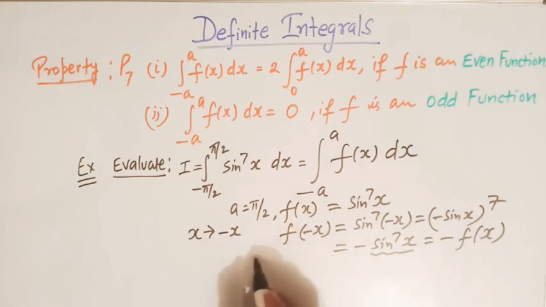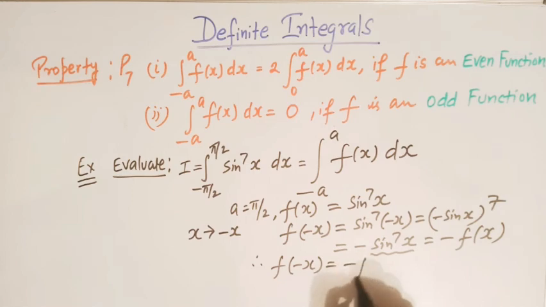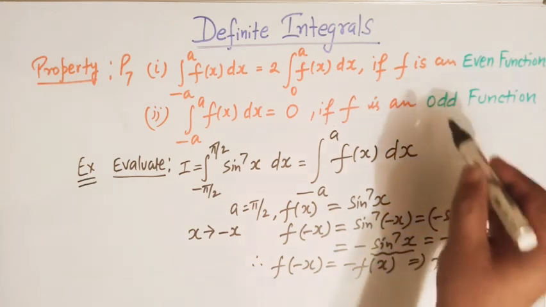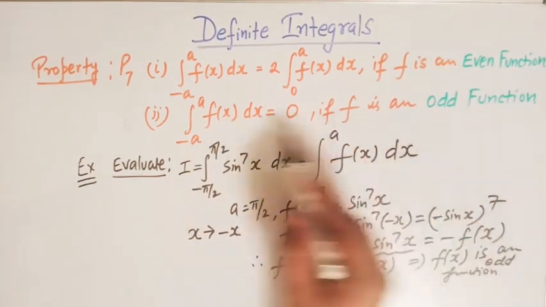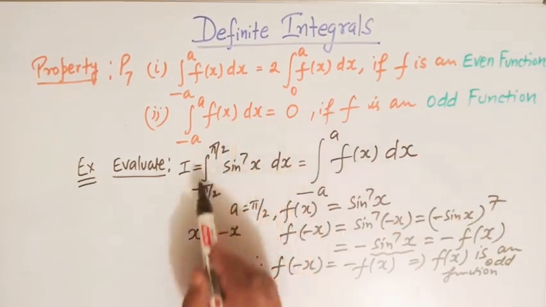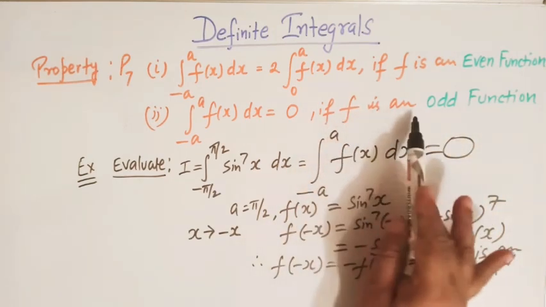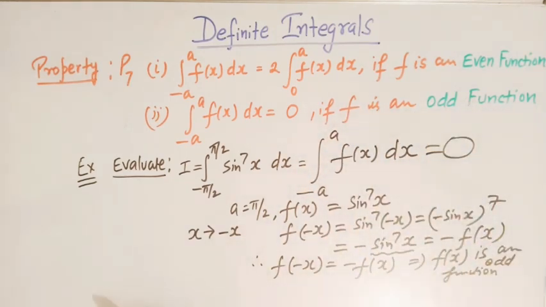So therefore we see that f of minus x is equal to minus of f of x. So therefore f of x is an odd function, so therefore we apply this property, so the value of this integral is 0, right? Because f is an odd function, right? Okay.